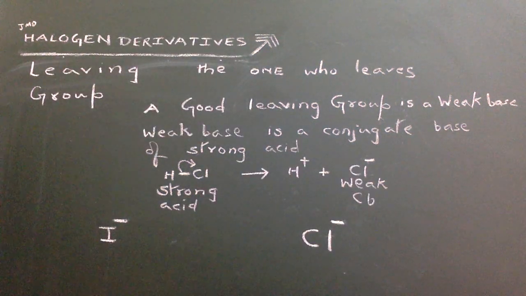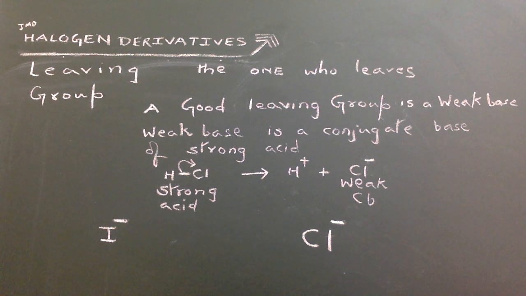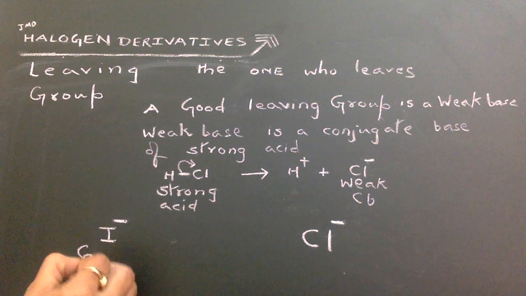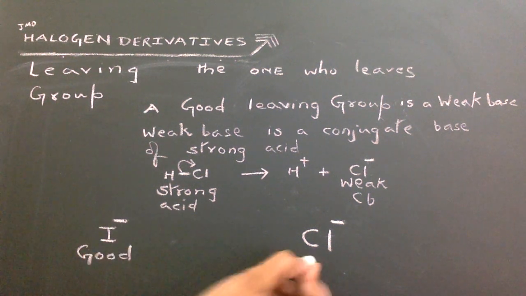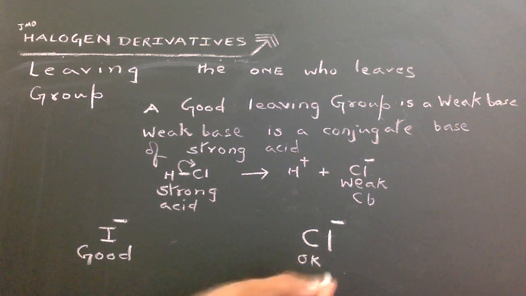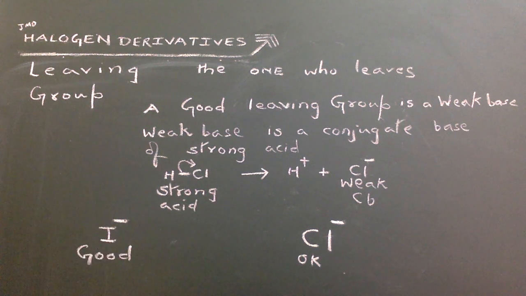Now out of these two, let us see who is a good leaving group. I minus is a good leaving group while Cl minus is an okay leaving group.